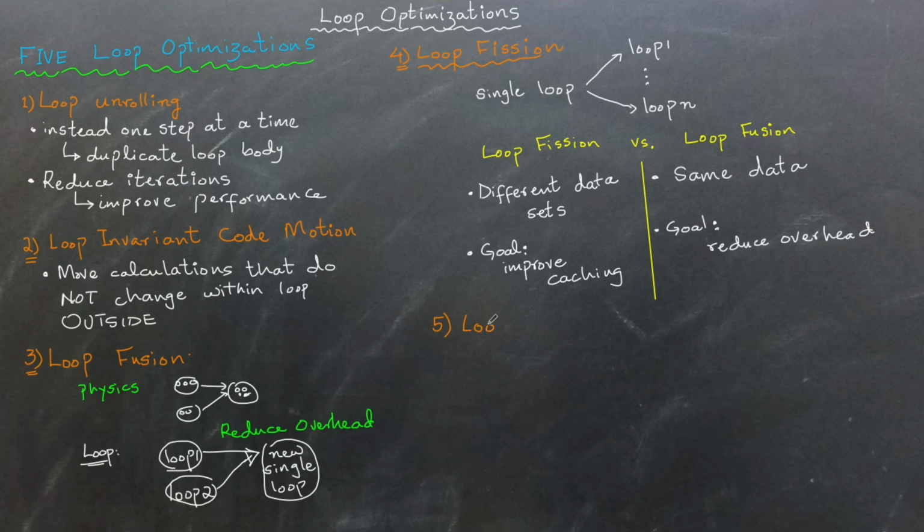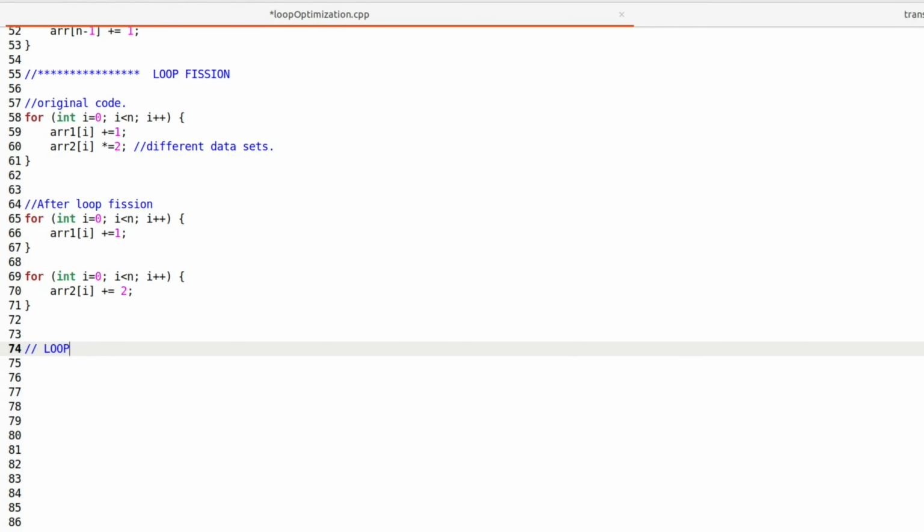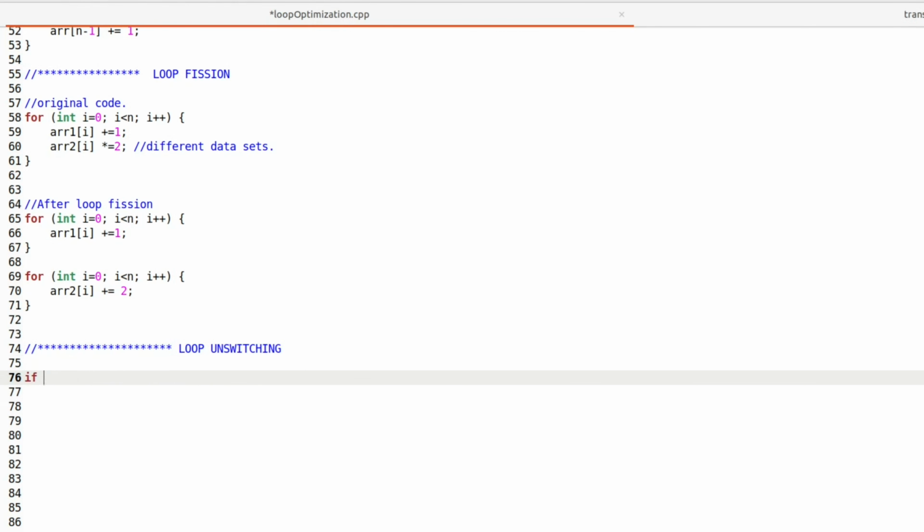The fifth loop optimization is loop unswitching. If a condition inside a loop does not depend on the loop variable, we can move it outside the loop. For example, in the original code, we perform two different operations depending on a flag.